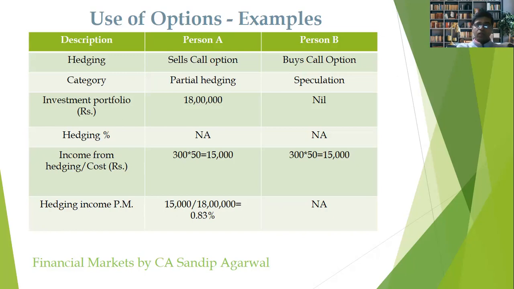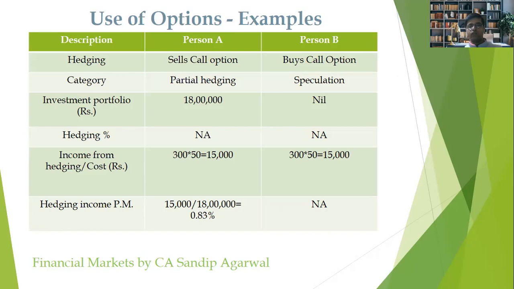Though I have written partial hedging, this is not a complete hedging exercise, but people do these things also in the market. Now say your investment portfolio is 18 lakh rupees and you feel that the market is not going to move upwards; either it will move a little on the downward side or it will keep remaining sideways. It will not move in either direction.